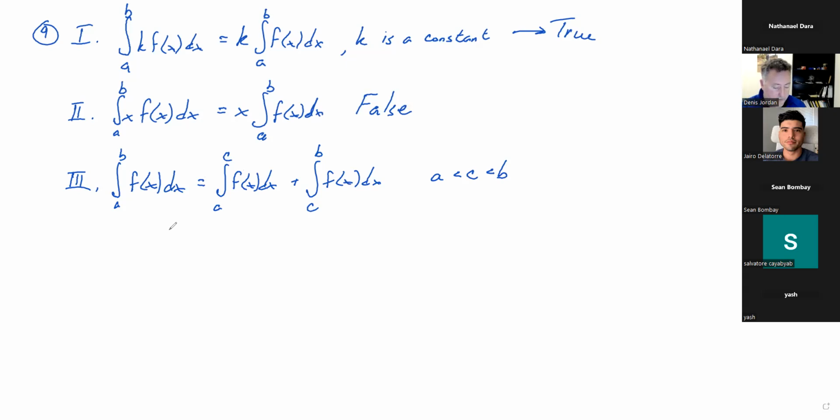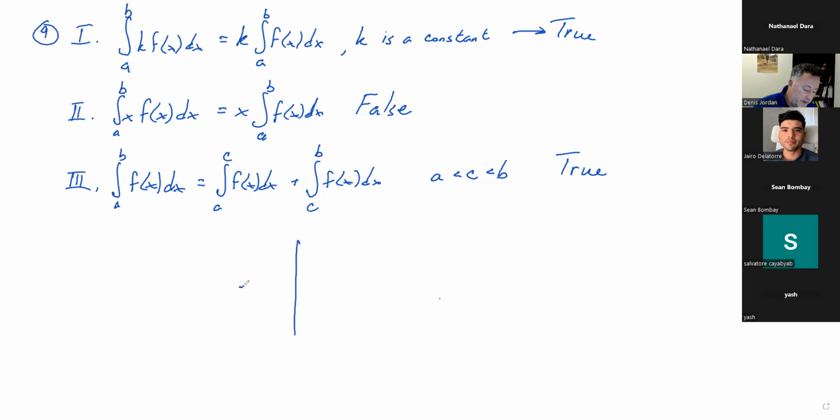Yes. Why is it allowed that we're able to do that? That's the property. Like we used it before.